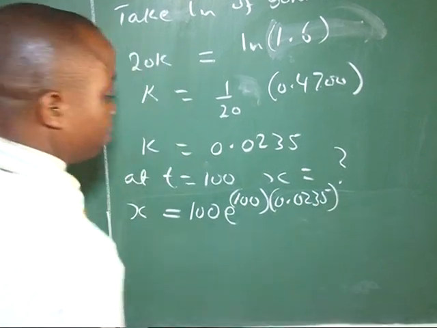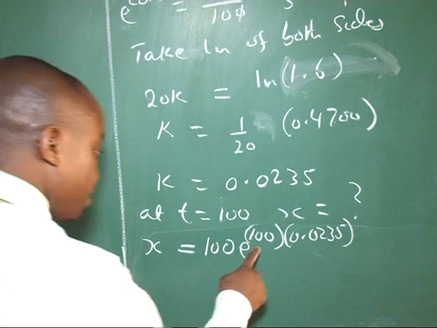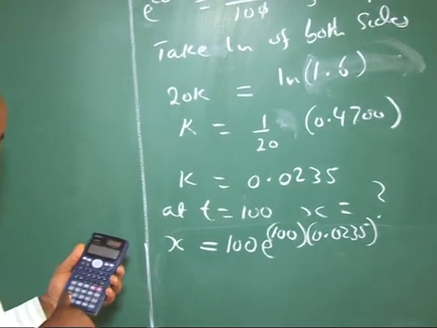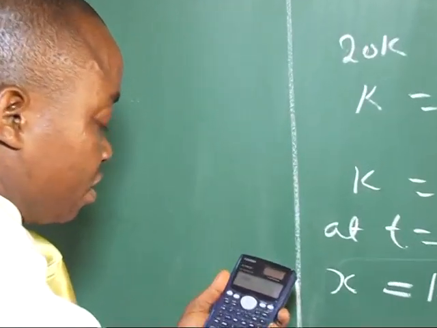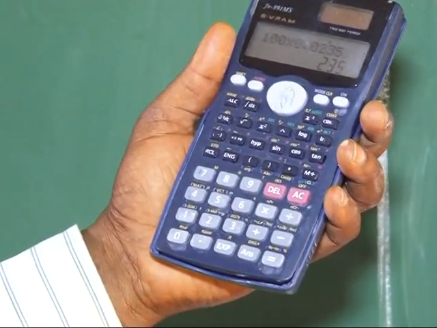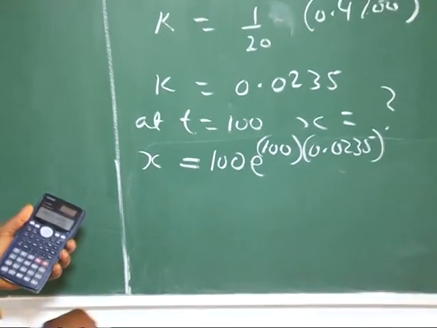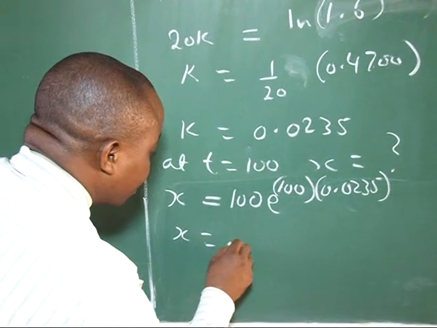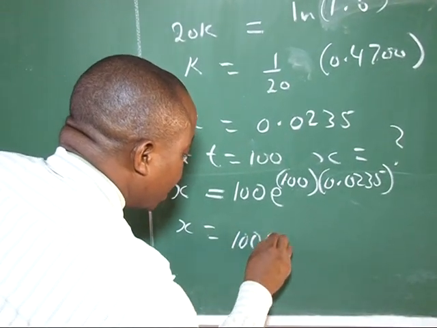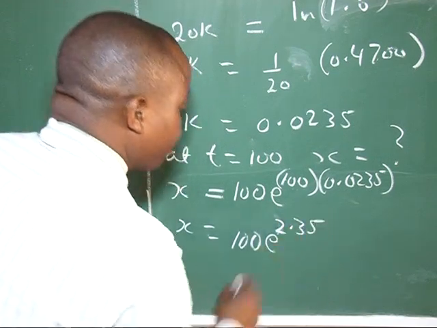Here t is 100, so we say 100 times 0.0235, which is giving us 2.35. So x is equal to 100 exponential 2.35.